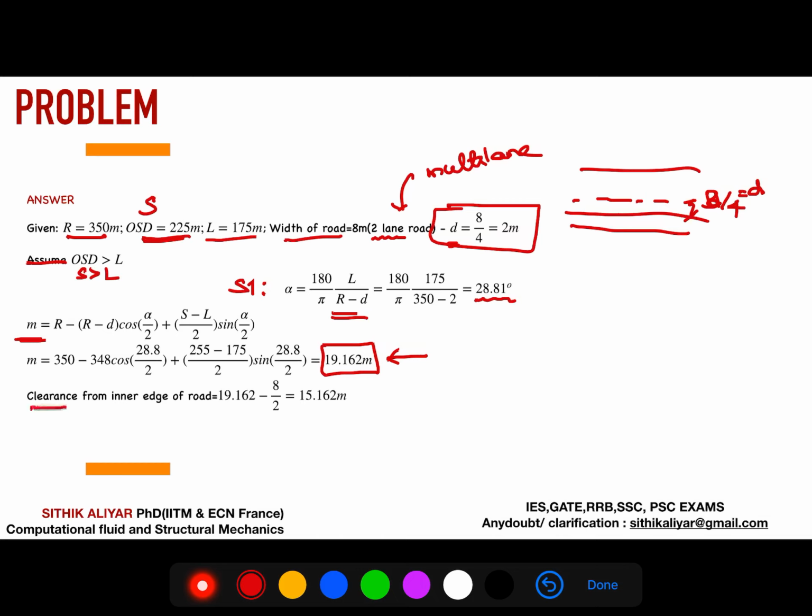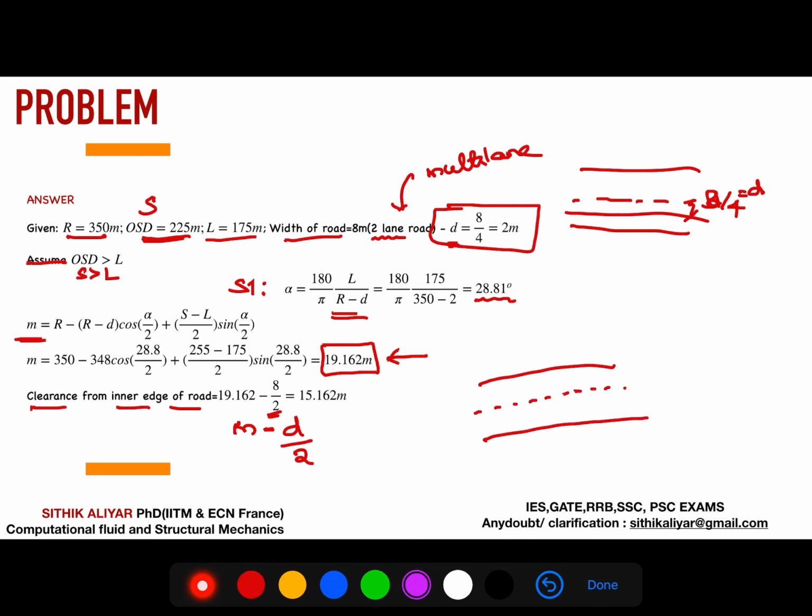And they are asking the clearance distance from the inner edge of the road, right? Obviously, as I told you, whatever they are asking with respect to the inner edge of the road, you have to subtract half the width. Consider the road is here.